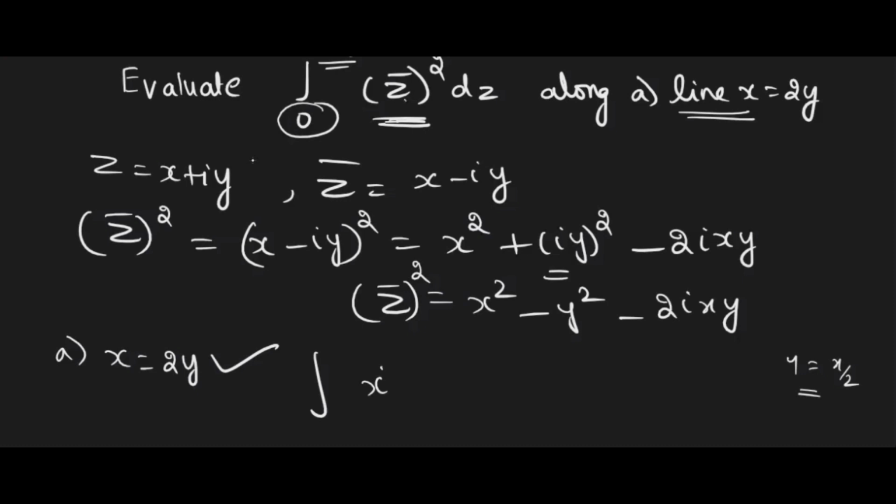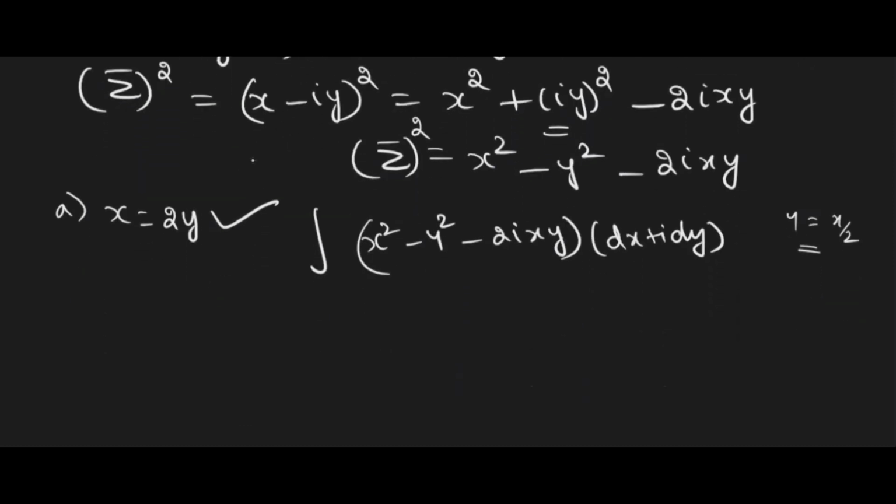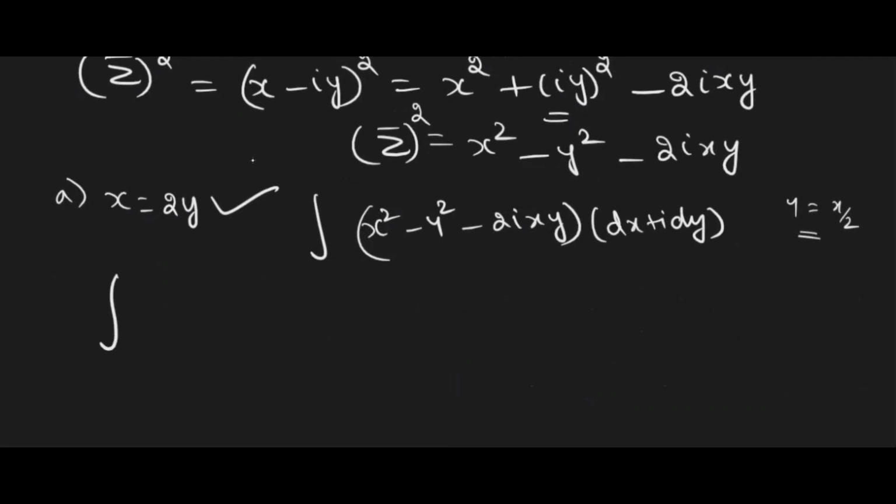The integral of x square minus y square minus 2ixy dz, right? dz is nothing but dx plus i dy. Let us see what happens to this function. So this is the integral of 2y the whole square minus y square, minus 2i into x again, 2y, into y.